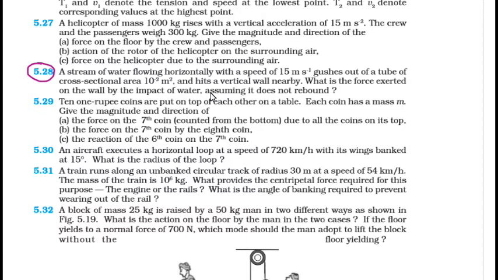Let us see the problem again. A stream of water flowing horizontally with a speed of 15 meter per second gushes out of a tube of cross-sectional area 10 to the power minus 2 meters square and hits the vertical wall nearby.